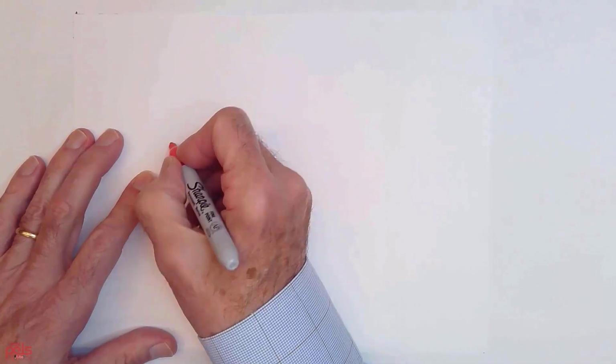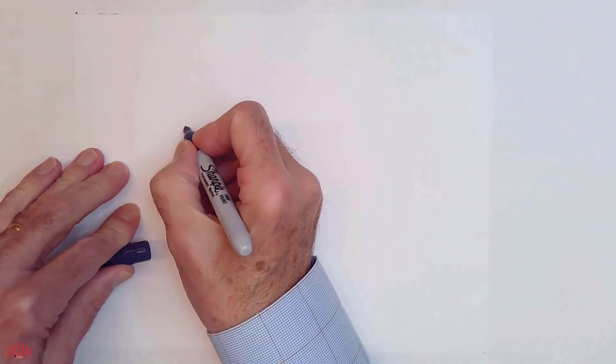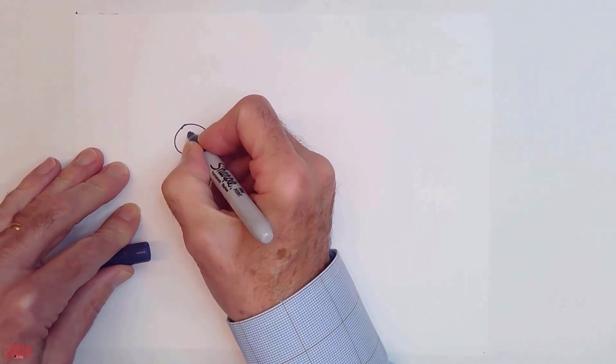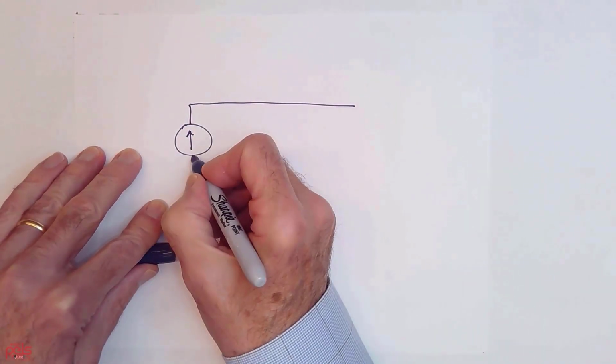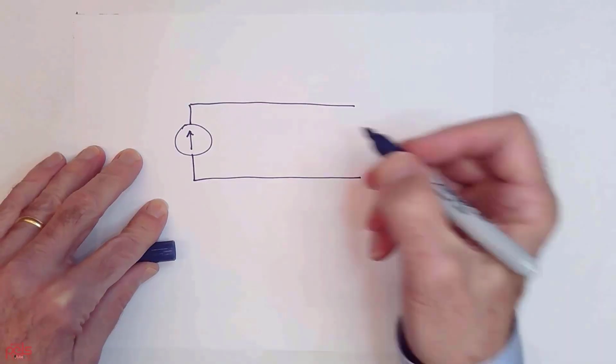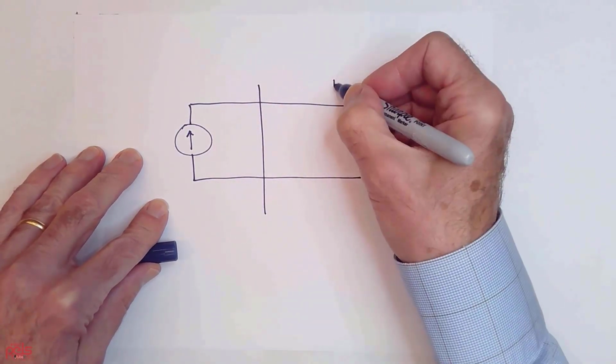So let me grab a different color here. Let me draw the DC current source. Okay, and we'll do it first just the 2x2.